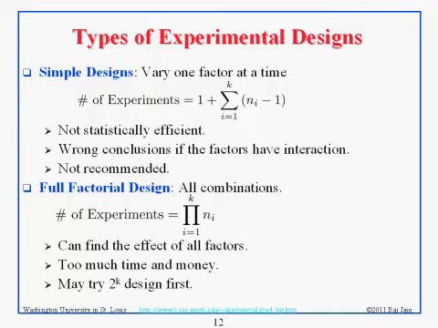It also gives wrong conclusions if the factors have interactions. You're totally ignoring the interaction in this simple design, and as you saw in the second example, it is not recommended if there is interaction. The other extreme is full factorial design, where you do all possible combinations.